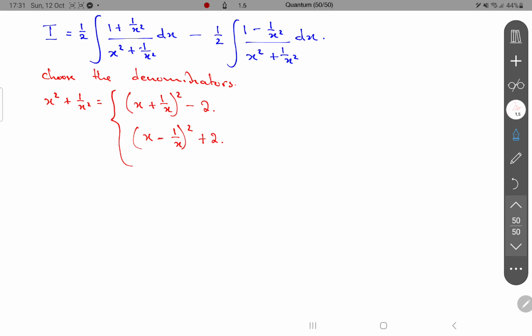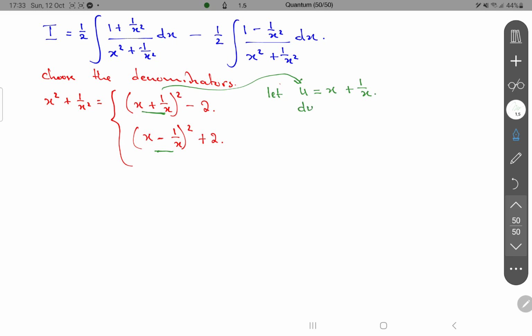Now, with these things, we can choose. Let u be equal to one of these, so we are going to use the u substitution, but we look at the numerator. For the first u, I will look here and say let u be equal to x plus 1 over x.